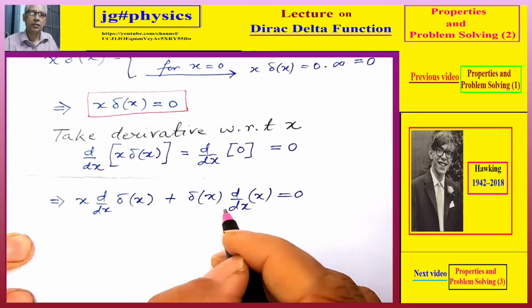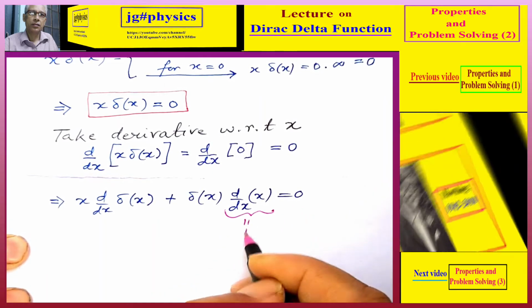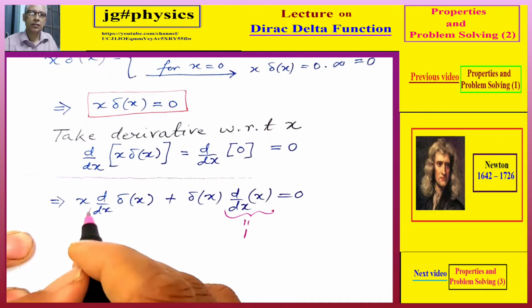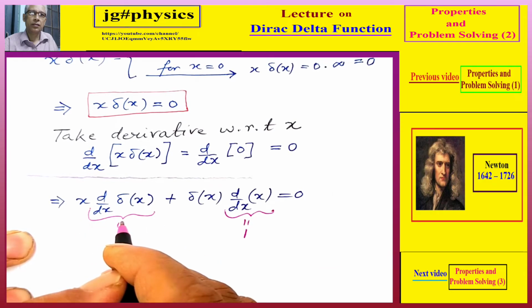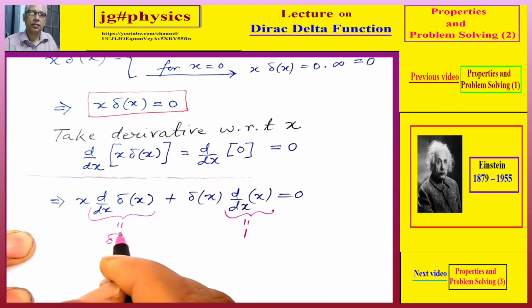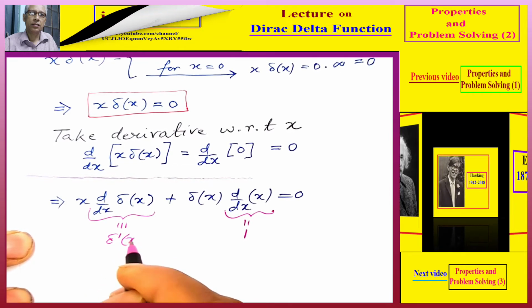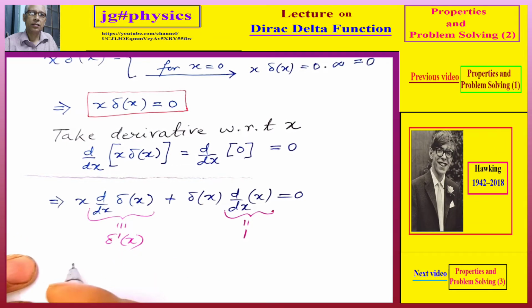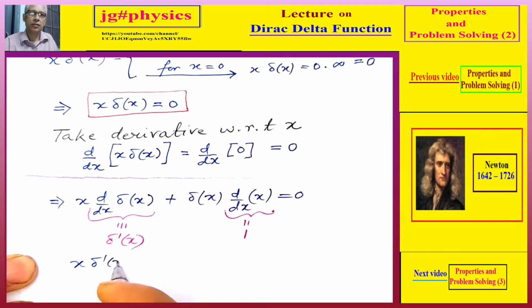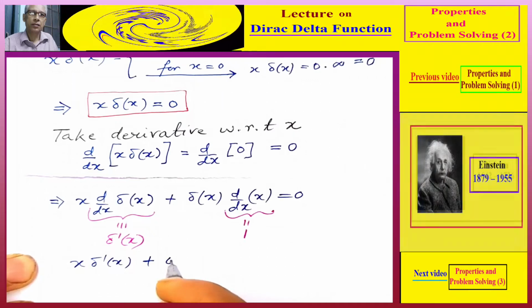And d/dx of x is unity, while let us designate d/dx of delta of x by delta prime of x. So prime indicates first derivative. So we can write it as x into delta prime of x plus delta of x equal to 0.